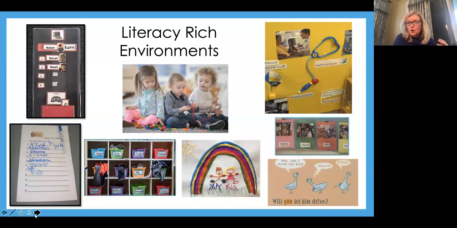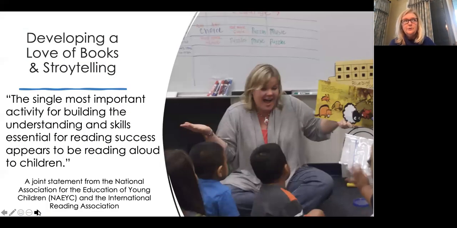You're learning to take turns, writing your name, seeing your friends' names in print, stringing the beads, strengthening those muscles where I'm learning to write, having those books in the environment that have different print and they cover different areas, so they are learning those social emotional skills as well as learning how to read and love books and learning words and alphabets and all those things. So those literacy rich environments that we have really support those social emotional skills also.